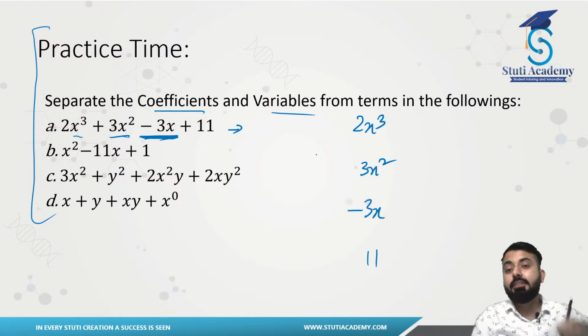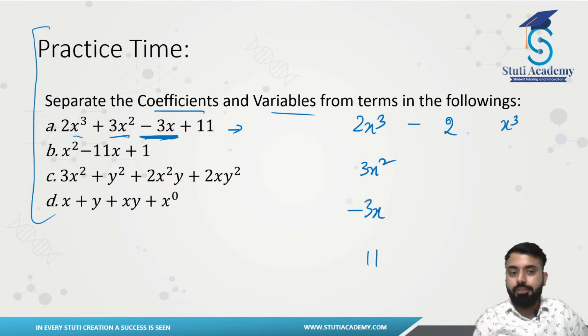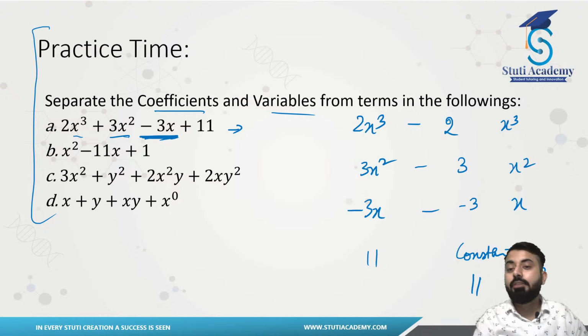So if I separate the coefficients here, variable is x cube, coefficient is 2. Variable is x square, coefficient is 3. Variable is x, coefficient is negative 3, and this is constant. Or if you want to write it like that, variable will be x raised to power 0, coefficient will be 11, so you can write it like this also, right?